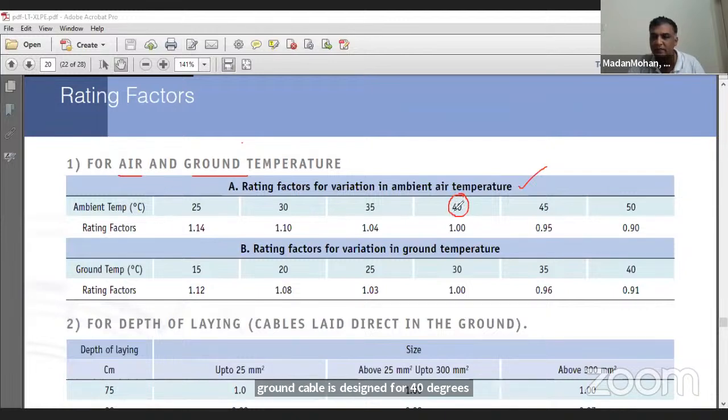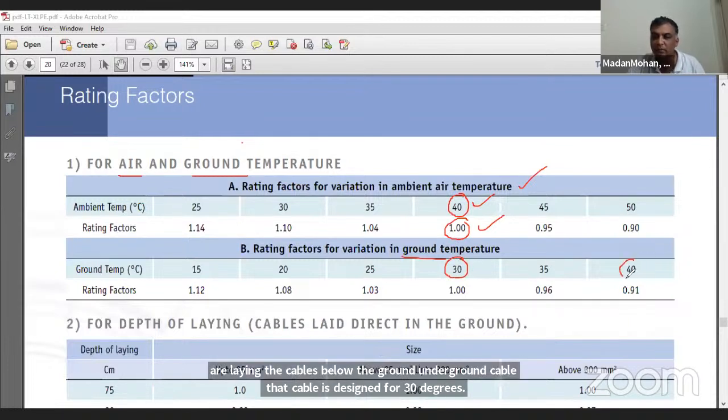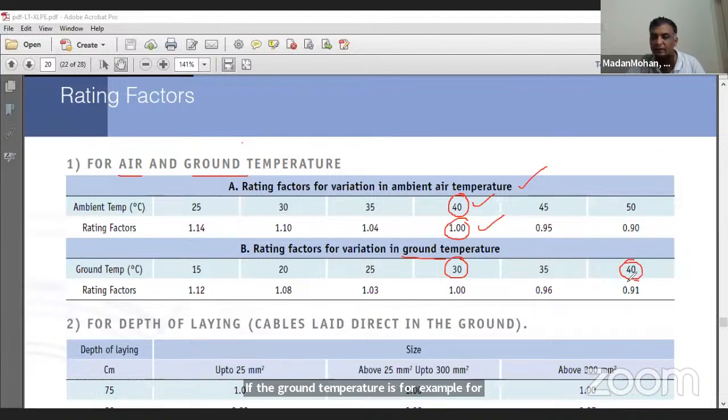When the temperature is 40 degrees centigrade, your derating factor is 1. It means the cable is designed for 40 degrees centigrade above the ground temperature. And if you are laying the cables below the ground, underground cable, the cable is designed for 30 degrees. If the ground temperature is, for example, 40 degrees, then your derating factor is 0.91.